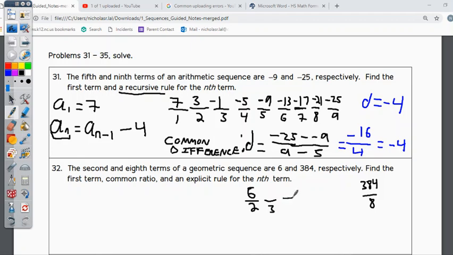And what is the property of a geometric function for each additional term in the sequence? For a geometric function, what are you doing to each additional term in the sequence? Are you adding something? Are you multiplying something?